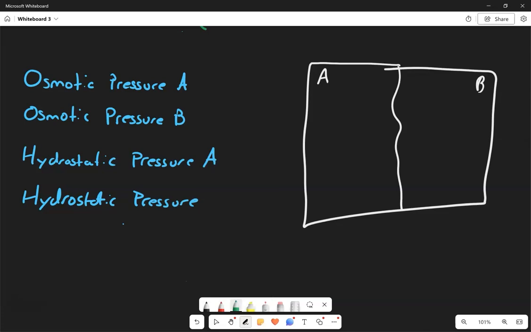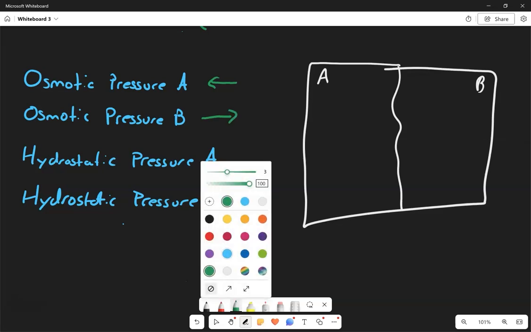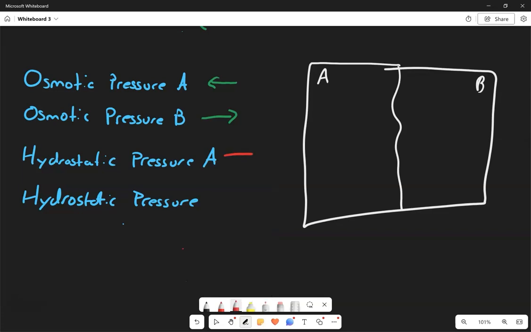So the osmotic pressure is the stuff pulling water into A, or the stuff in B pulling the water into B. The hydrostatic pressure is the pressure of the fluid pushing water out of A or pushing water out of B. Okay? So if we look at the magnitude of all of those forces and add them together, we have the net pressure.